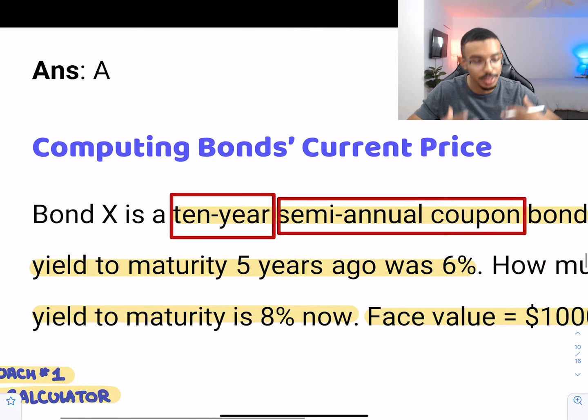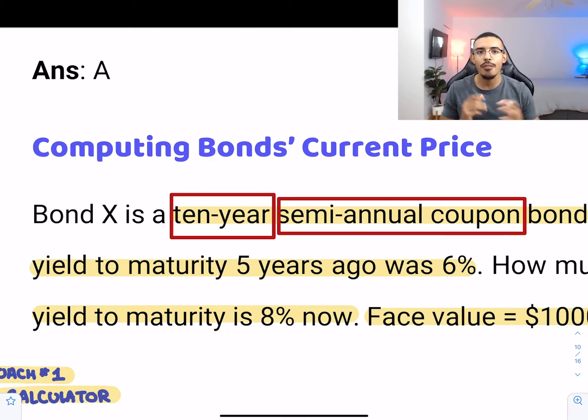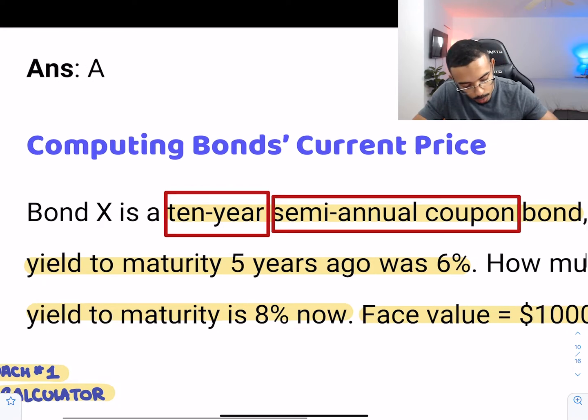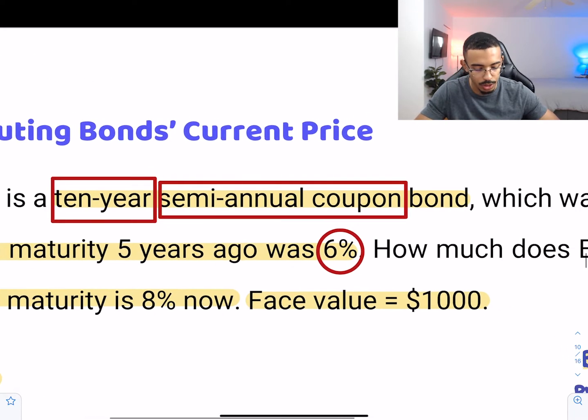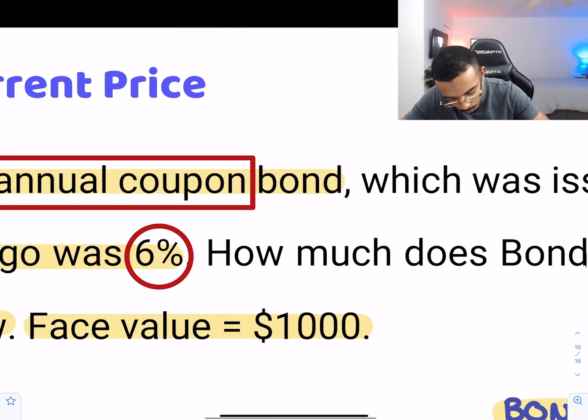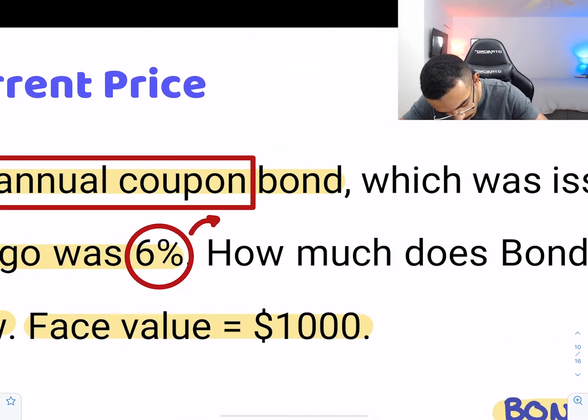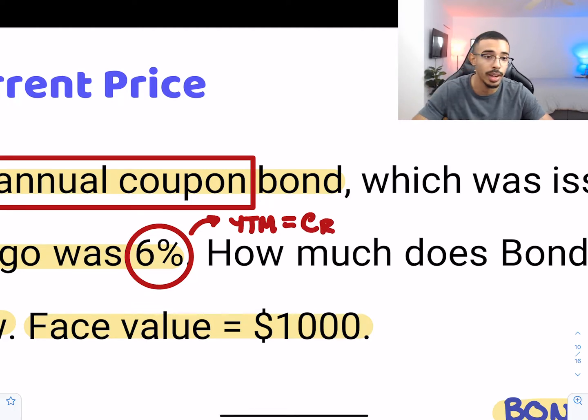Now, once we know that, and I know I'm going slow, but I just want to make it super simple for you so that you have all the different points of reference that you will need on your exam. And now we tell you that the yield to maturity 5 years ago was 6%. Therefore, if you remember, we said that if something is issued at par, that means that the yield to maturity is equal to the coupon rate.